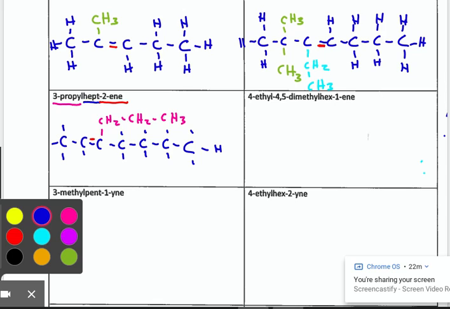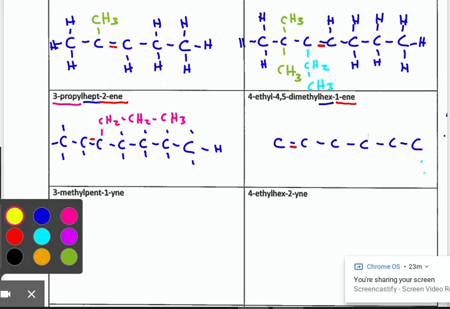So our last one we're going to do, there's our common hex again. 1, 2, 3, 4, 5, 6. Our double bond is a 1-ene, so right here.